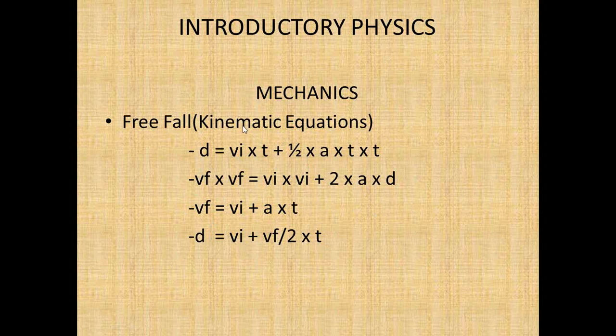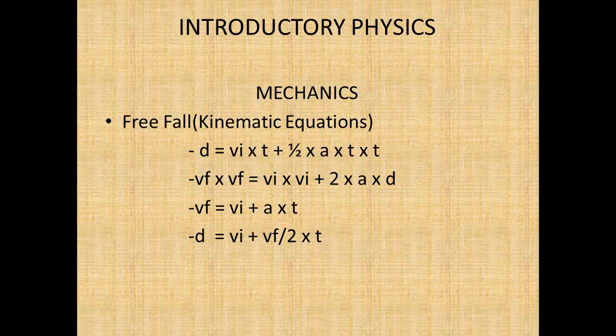As we mentioned early on, for the first one, you have distance, initial velocity, time, and acceleration. So if you want to find the distance traveled by an object, and you have the initial velocity, the time and acceleration, then you can calculate the distance traveled. But we'll come back to these later on.